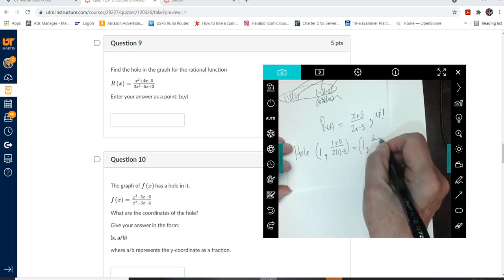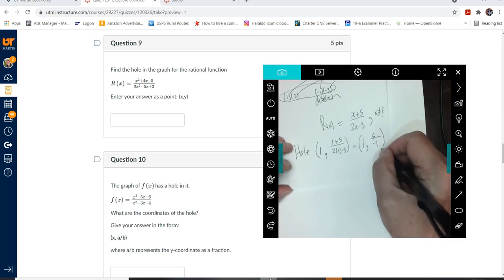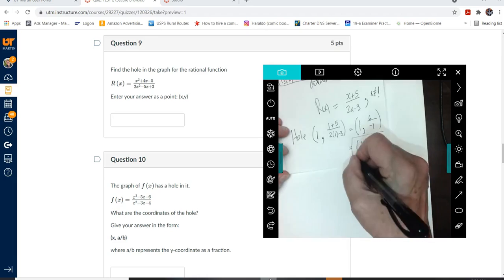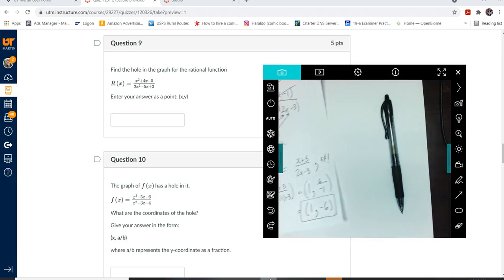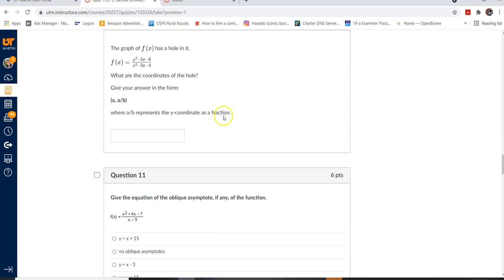So I'm going to have 1 comma 6, and 2 minus 3 is negative 1, and so that's going to be 1 comma negative 6. That's the coordinates of the hole. So I want 1 comma negative 6.